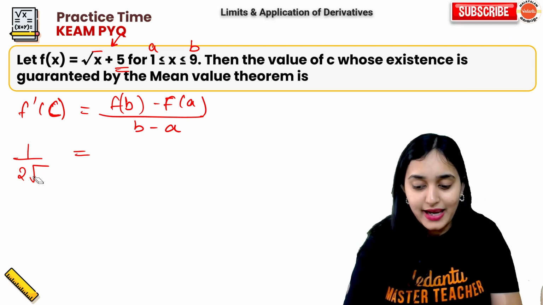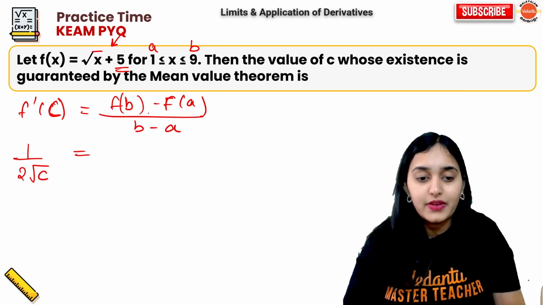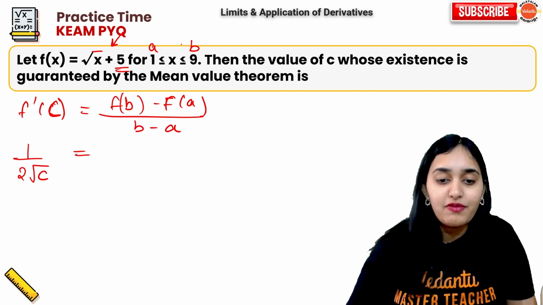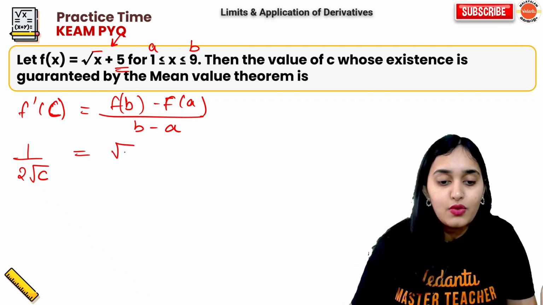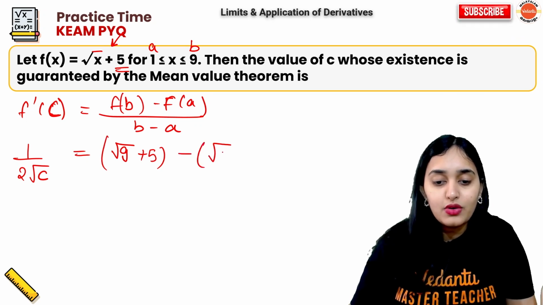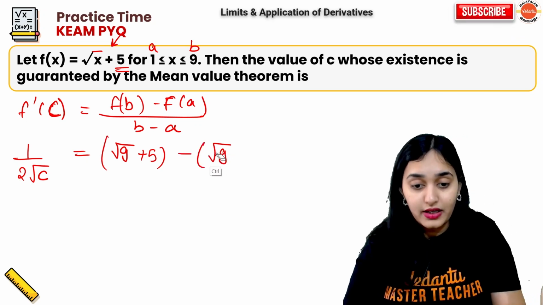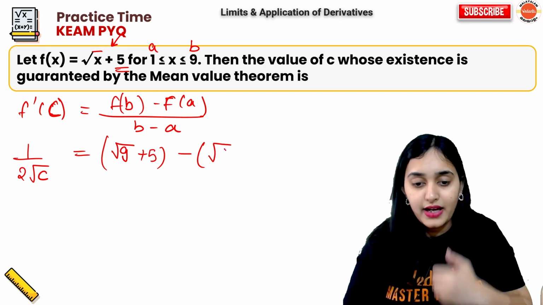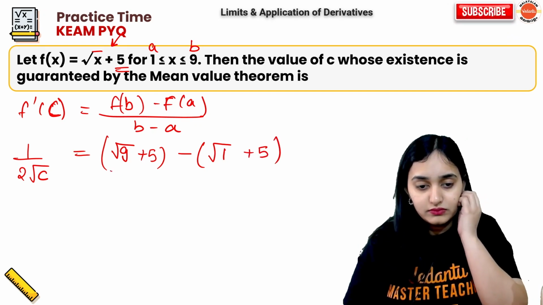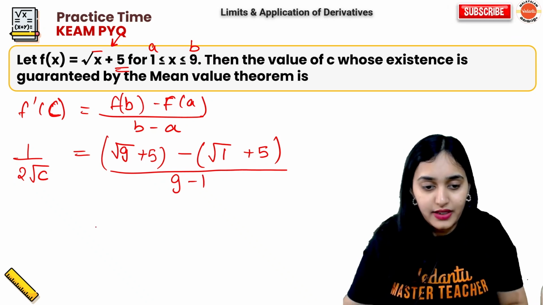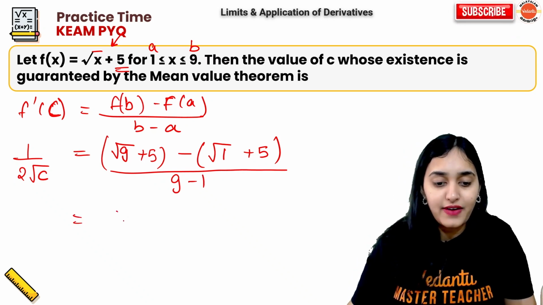So, it will not be x, we will write it as c. Now, what is fb? So, fb is basically root over 9 plus 5 minus root over 1 plus 5, upon 9 minus 1. So it is 3 plus 5, 8.